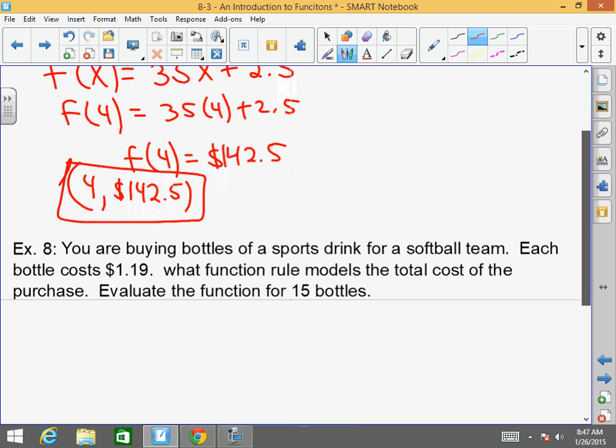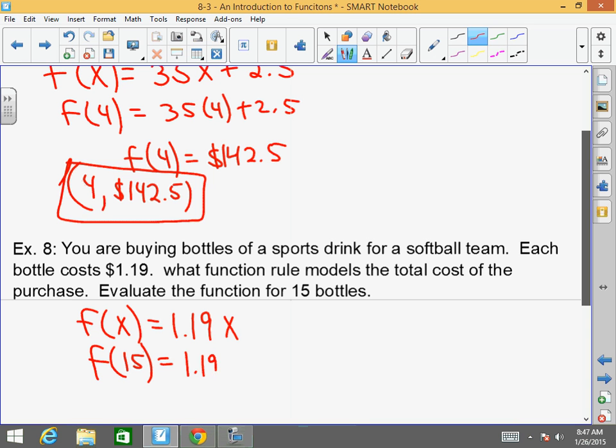Number 8. You are buying bottles of sport drink for a softball team. Each bottle costs $1.19. What function rule models the total cost of the purchase? So I have f of x equals 1.19x. Very good. I want to find the value of this function for 15 bottles of sports drink.